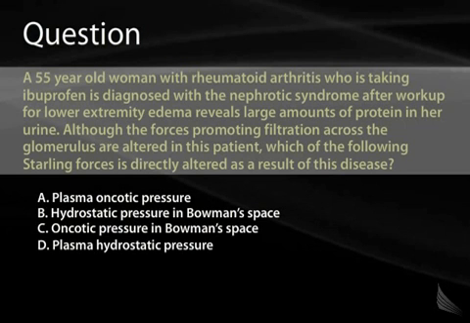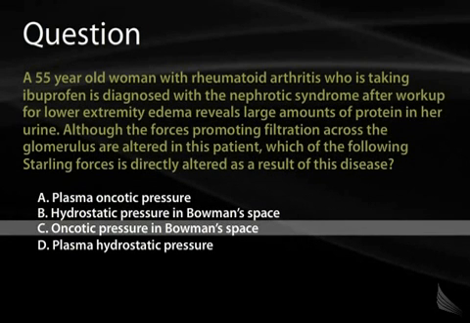Therefore, oncotic pressure in Bowman space increases and alters the Starling forces. Remember, oncotic pressure in Bowman space normally is essentially zero. So in the setting of someone with albumin loss into Bowman space, this has a marked effect on increasing oncotic pressure.